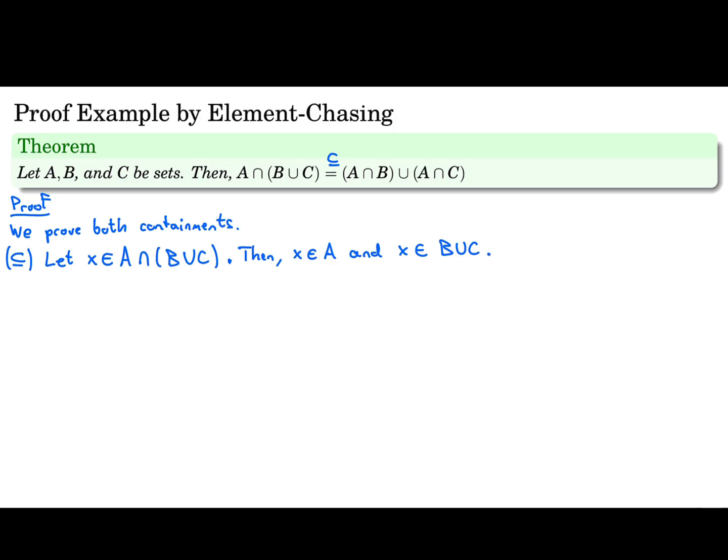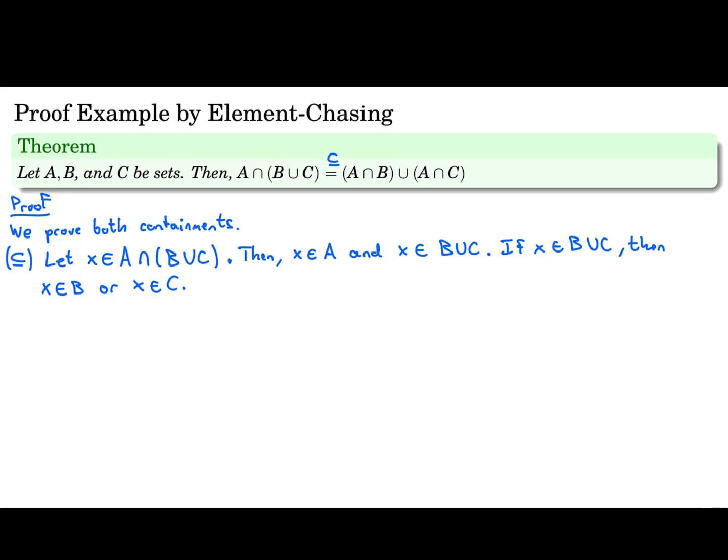But then by definition of union, if x belongs to B union C, then x belongs to B or x belongs to C. So again, we use the definition of intersection, we use the definition of union.